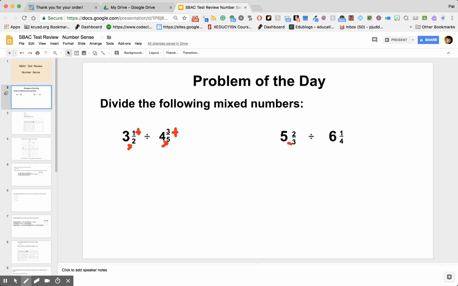Multiply 5 times 3, and add in the 2. Multiply 6 times 4, and add in the 1. And again, your denominator stays the same. Okay, this will be 3, this will be 4.